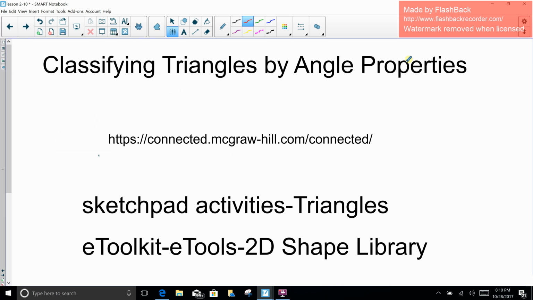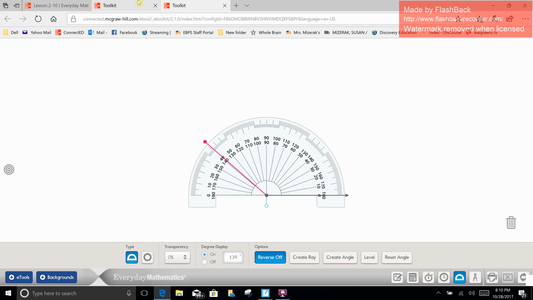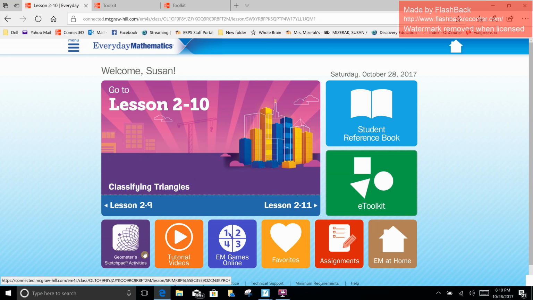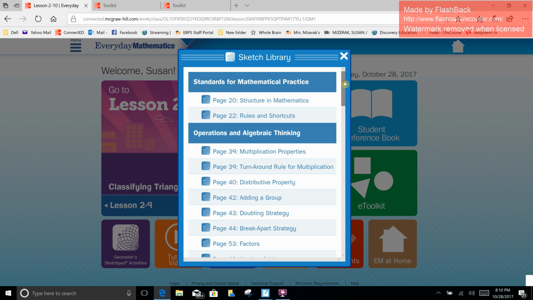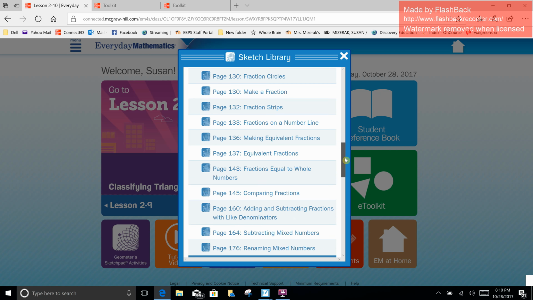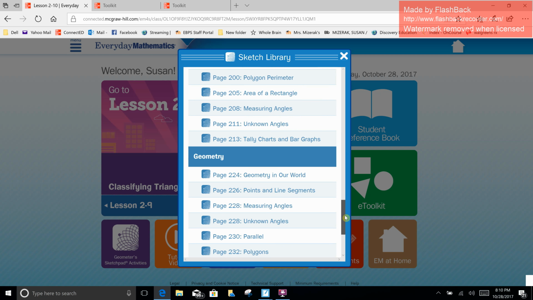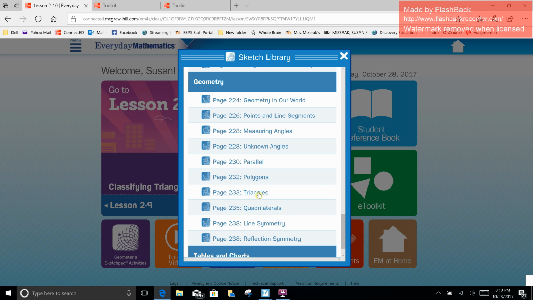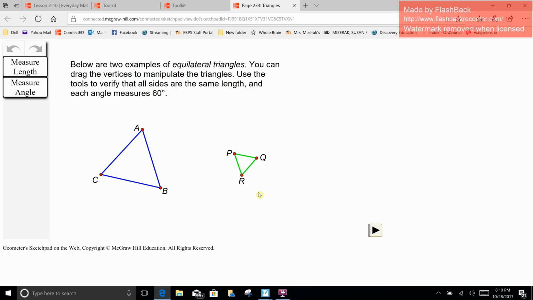Going to ConnectEd, I'll show you a tool that we can use, the Sketchpad. I'm going to open it up and scroll down to Geometry and find Triangles. Open that up. And this gives me a tool where I can measure the lengths of the sides of the triangles, and measure the angles.